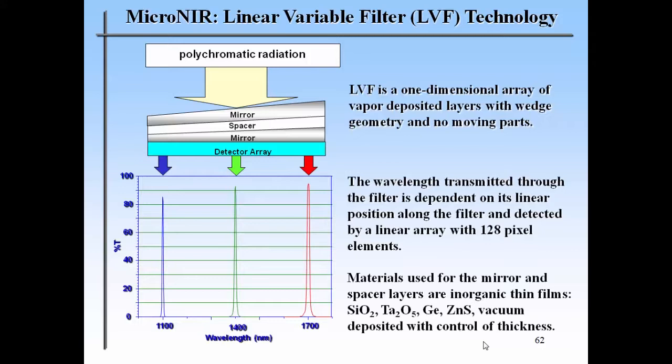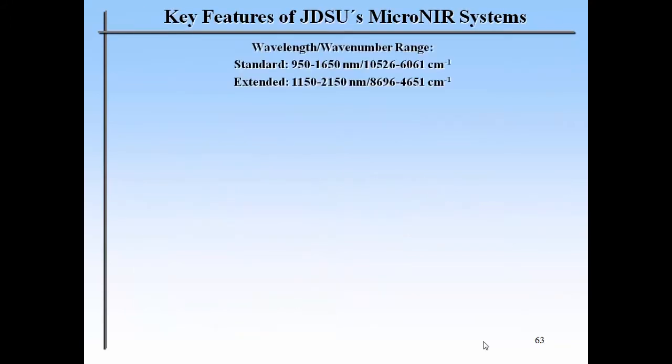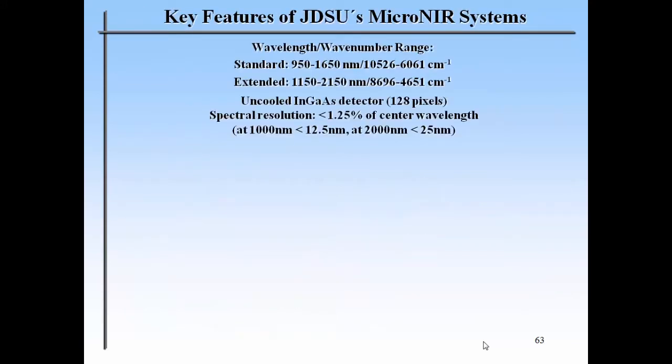So different positions allow only different wavelengths to go through. And this is the dispersion capability of this linear variable filter. These are the materials used for the deposition of these layers. They offer two systems.